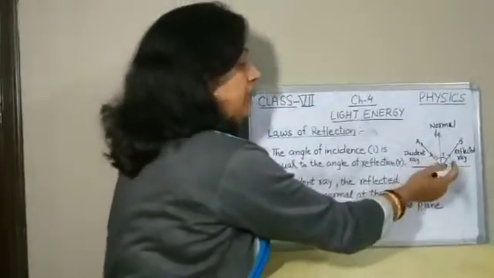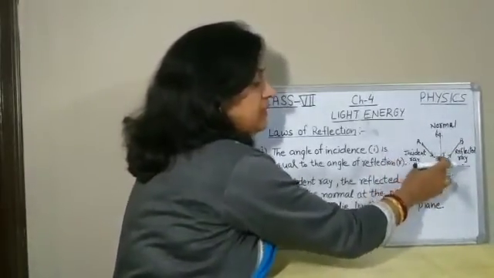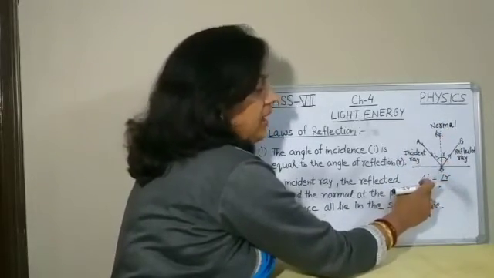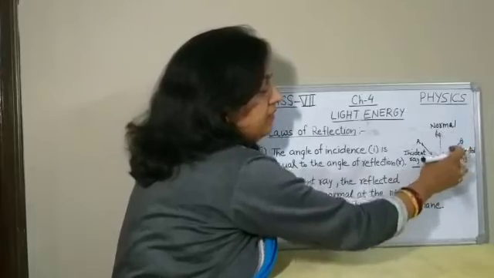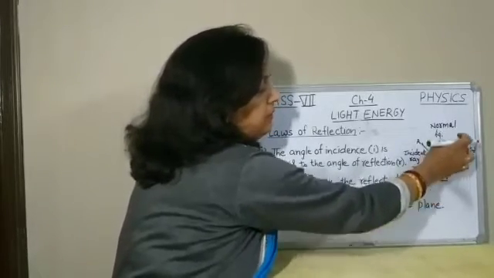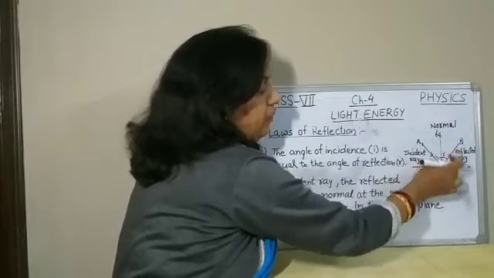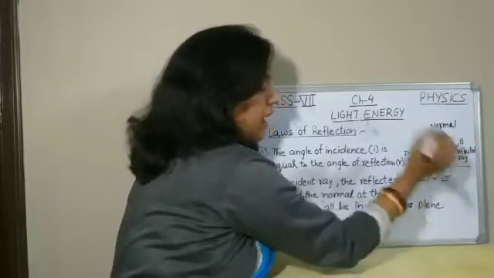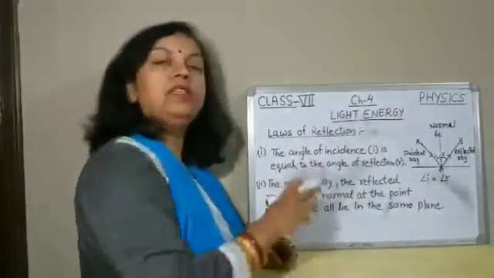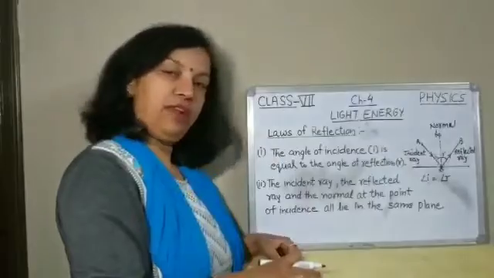The angle between the incident ray and normal, represented by i, and the angle between the reflected ray and normal, represented by r, these two angles are equal. This is the first law of reflection.